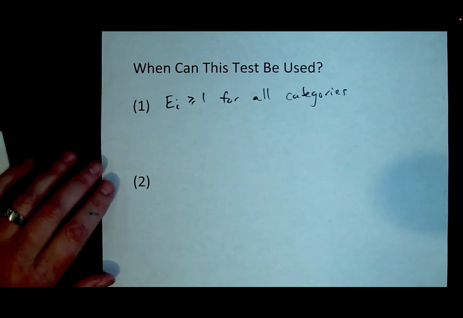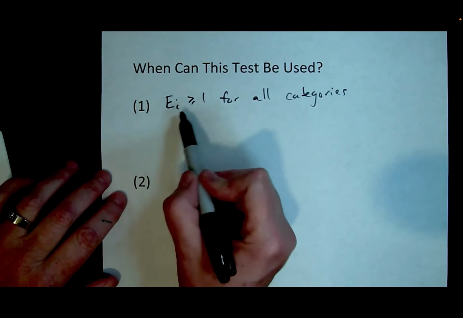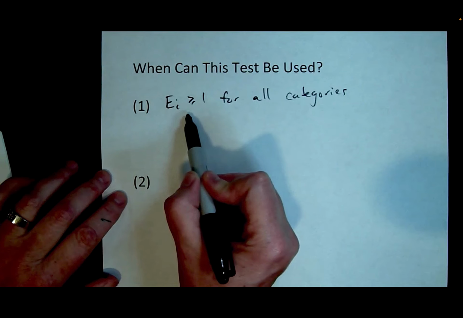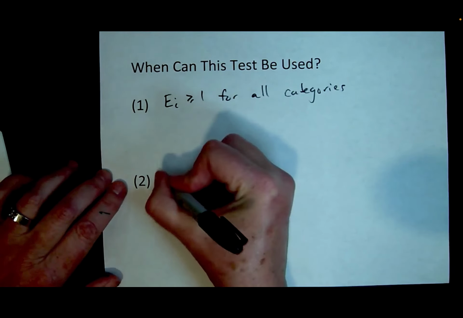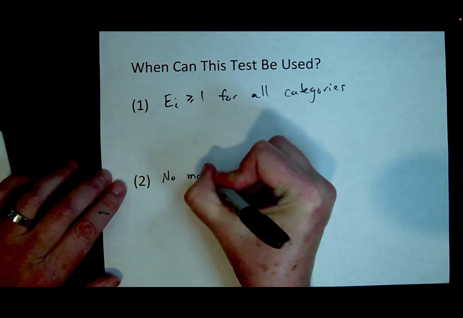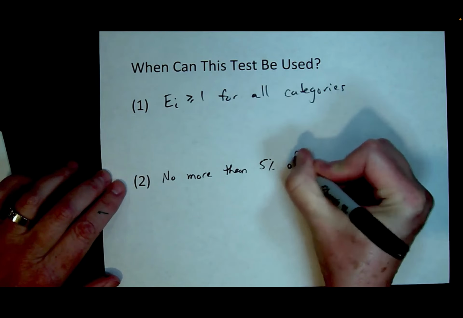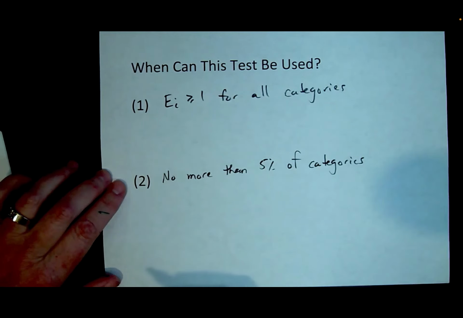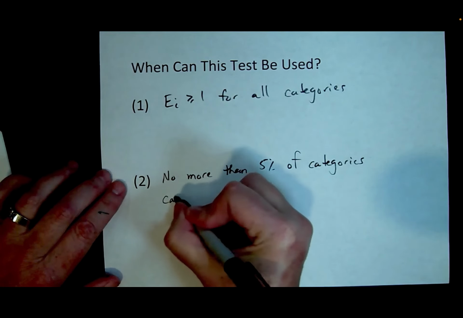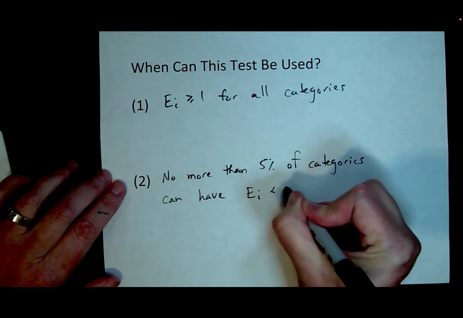Negative counts wouldn't even make sense. But they can't be less than 1 either. So you can't have an expected count of 1/2 or something. And then no more than 5% of the categories can have expected count less than 5.